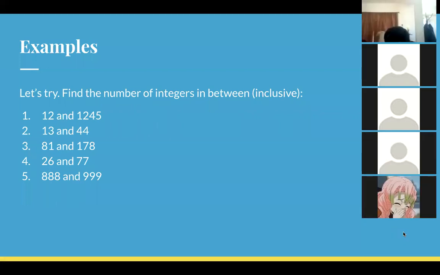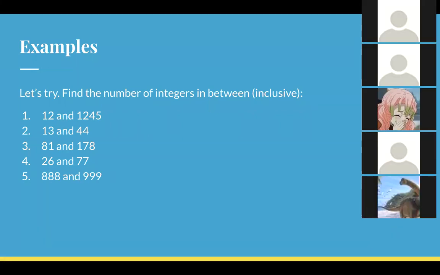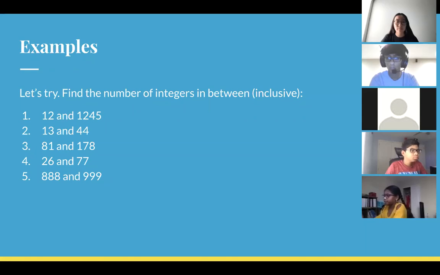Does anyone at all want to explain how they got it? Yeah, okay. So in the chat, she says 178 minus 81 equals 97. Then you add 1 to fix the off by 1 error to get 98.